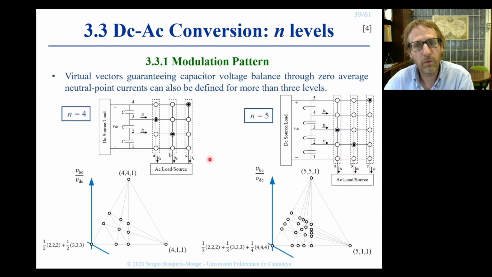In order to guarantee capacitor voltage balance, the virtual vectors must ensure that all neutral point currents are equal to 0 on average over the switching cycle. So for instance, in the 4-level case, each virtual vector must ensure that both I2 and I3 are equal to 0. It turns out that we can define these virtual vectors for all numbers of levels.